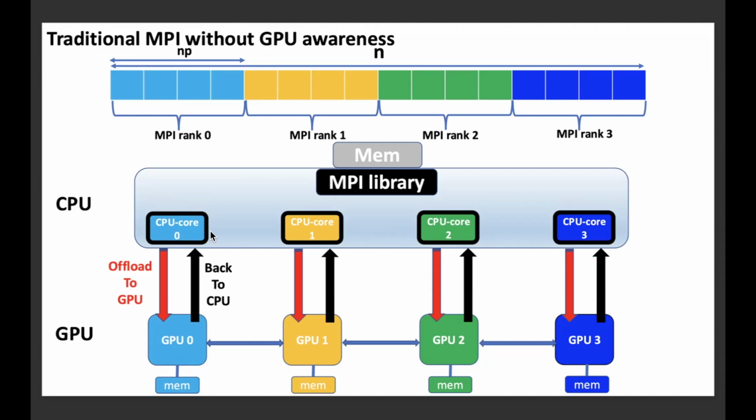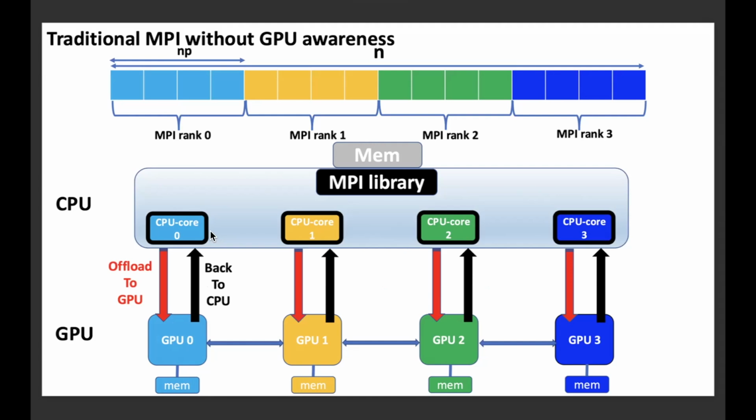So this is a bottleneck in transferring data between the CPU and the GPU, and it will cost a lot of time in terms of communication. That's why there is another alternative, of course, that we will see in the second example. But before that, I want to show an example where we use traditional MPI.